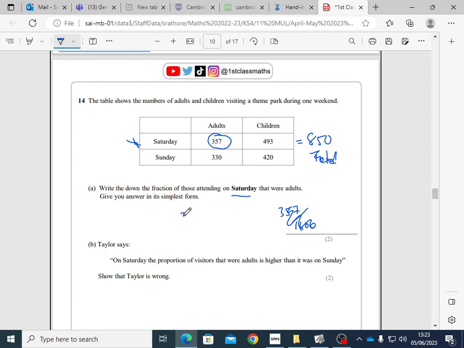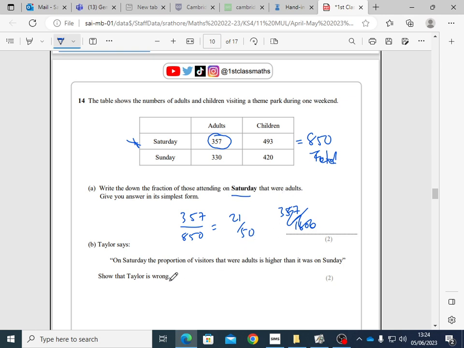So that's going to be 357 adults attending on Saturday, so that's going to be 357 divided by 850. So that is 21 out of 50. Okay, sorry about that. Attending on Saturday were adults. My bad, read it wrong.